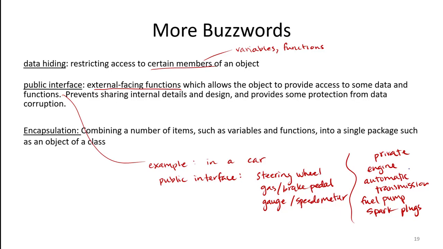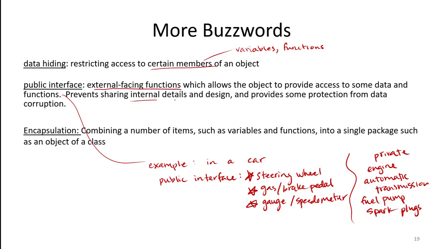But every time you get into a car and you want to drive, you hope that that car has a steering wheel, gas and brake pedal, and speedometer. So the public interface here is really important because it allows us to keep certain things standard.